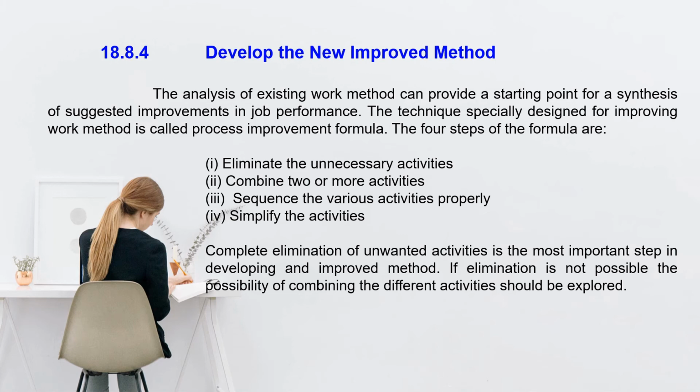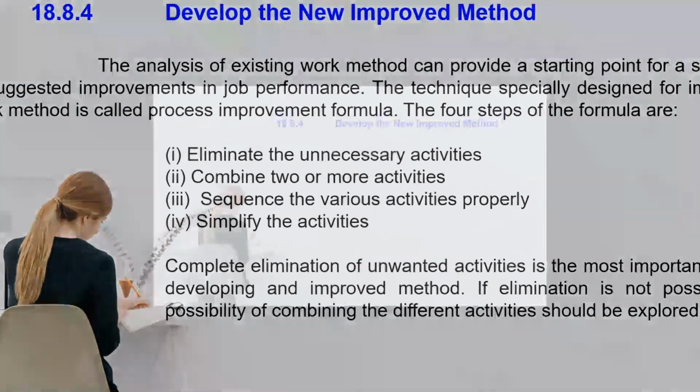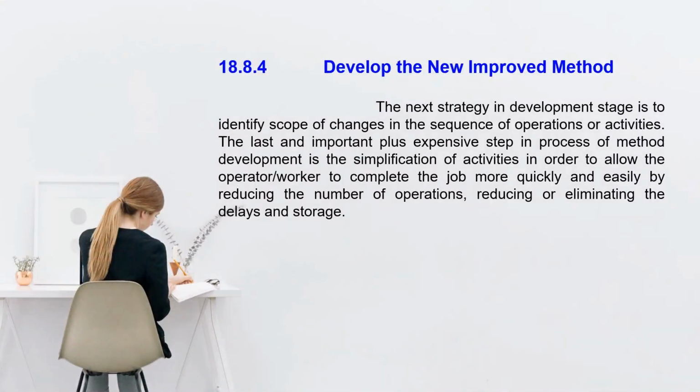If elimination is not possible, the possibility of combining the different activities should be explored. The next strategy in the development stage is to identify the scope of changes in the sequence of operations or activities.